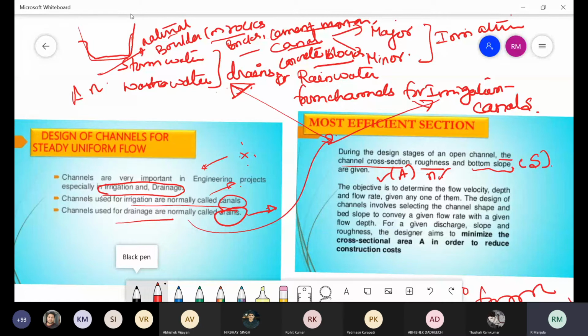You need to know the roughness of the channel material used for the flow. Suppose D is the normal depth, then the water in contact all along the side slope as well as on the base, the roughness plays a major role in the flow conditions.